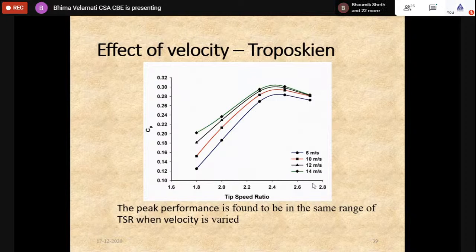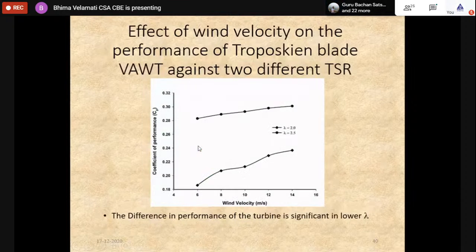So you can see here, the funny thing is at low tip speed ratio, the wind velocity makes a lot of difference in performance. That means the rotation speeds are low. Whereas when you go to the optimal tip speed ratio, the effect is very minimal. The effect is not significant as you see at low tip speed ratio.